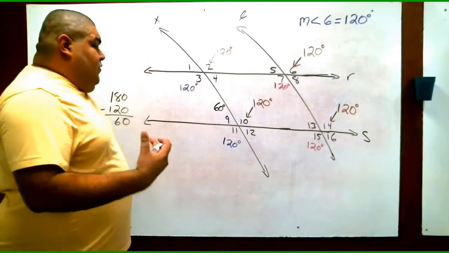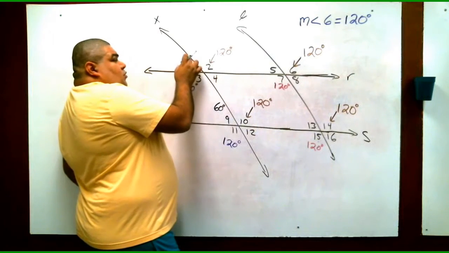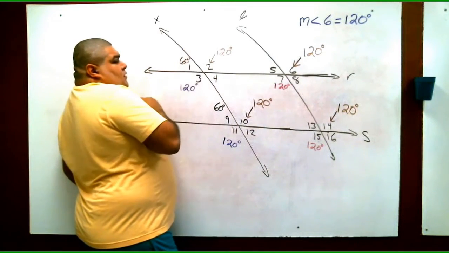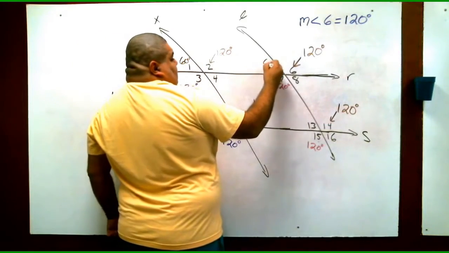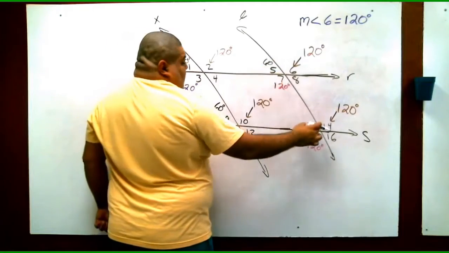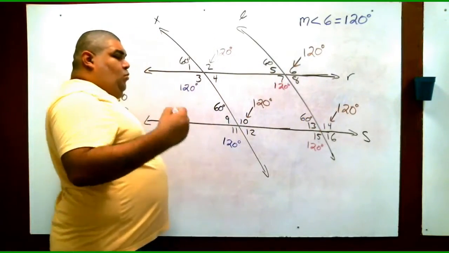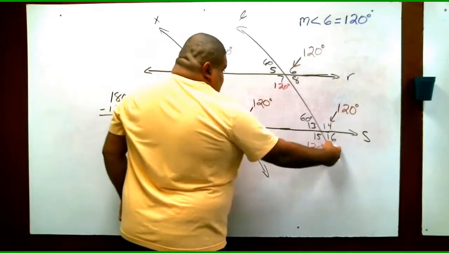If we know that 9 is 60 degrees, corresponding to it would be angle 1. So that's 60 degrees. Corresponding from 1 to 5, this is 60 degrees. And from 5 to 13, 60 degrees. What are we left with? We're left with 4, 8, 12, and 16.